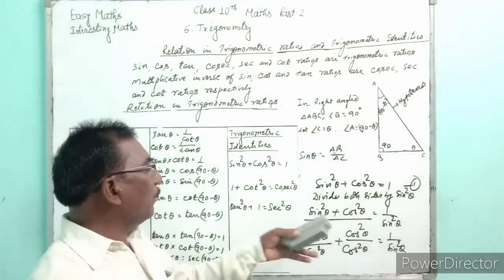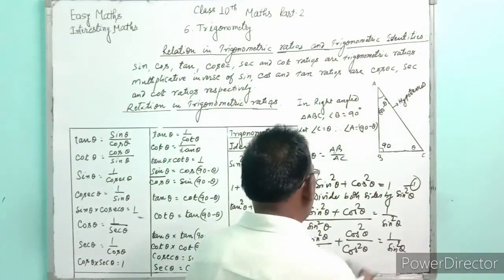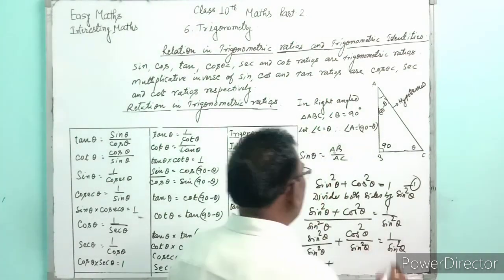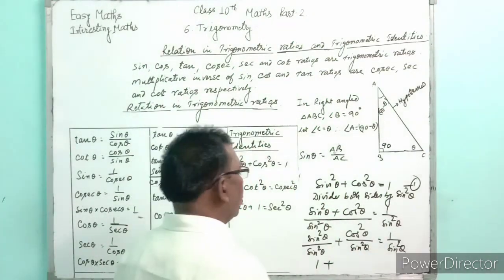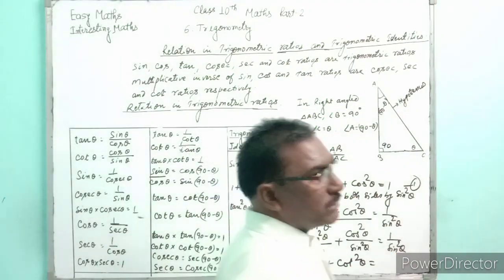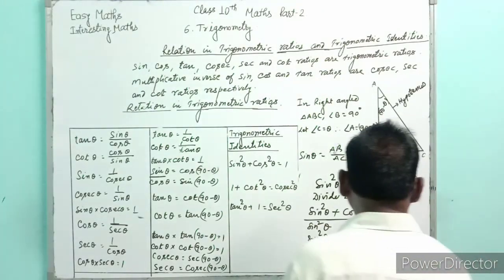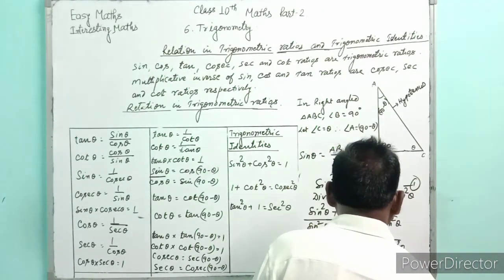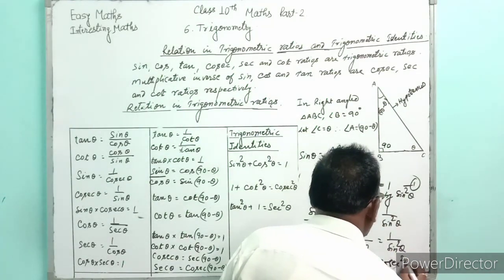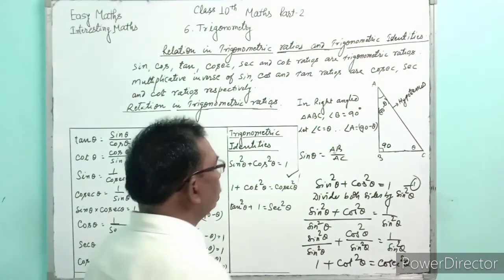So, 1 plus cos square theta upon sin square theta, that is cot square theta. And 1 upon sin theta is equal to cosec theta. Therefore, 1 upon sin square theta is equal to cosec square theta. So, this second identity is proved.